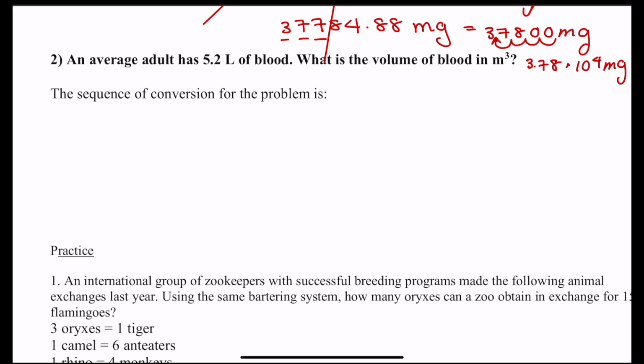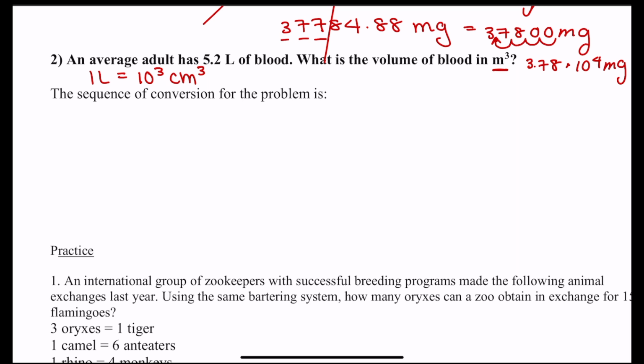So here there's no units given to us, but you should know that 1 liter basically equals 10 to the 3rd centimeters cubed. Okay, and then here we have cubic meters.